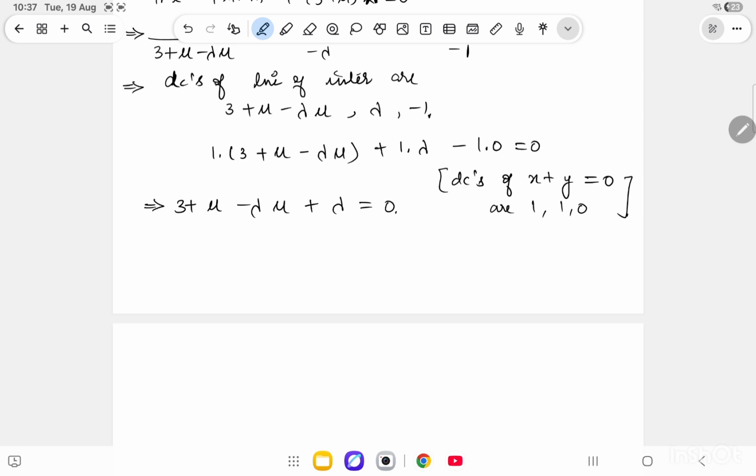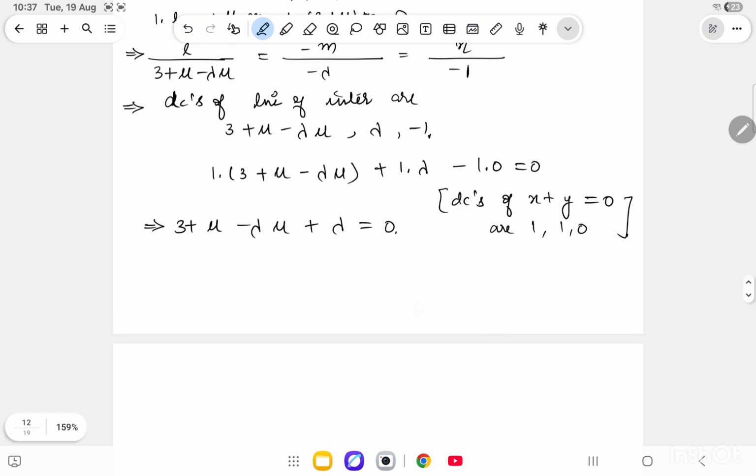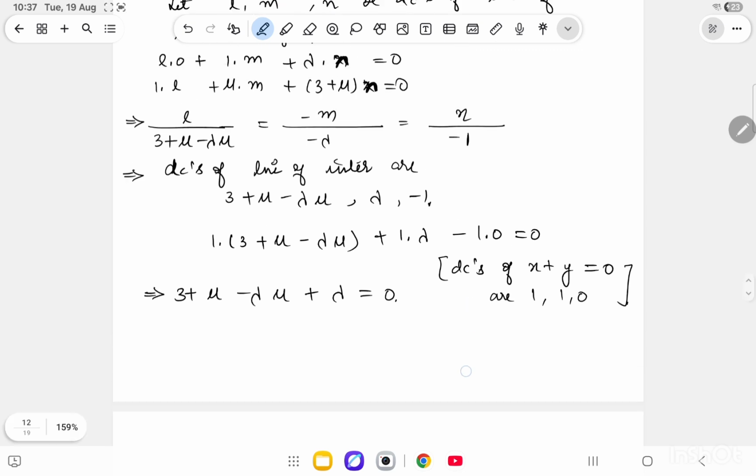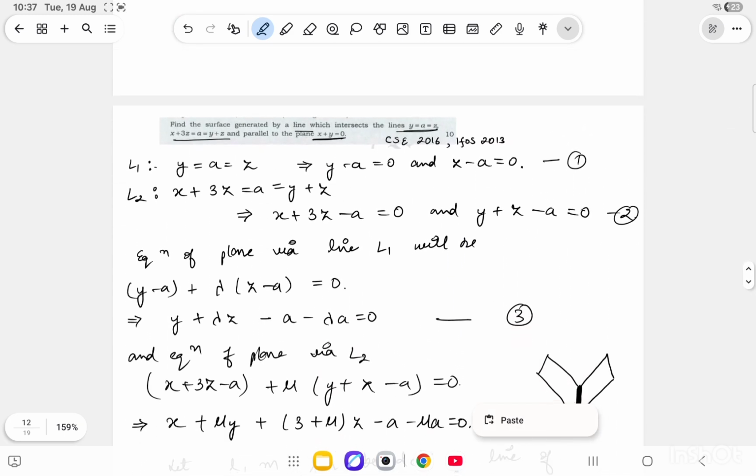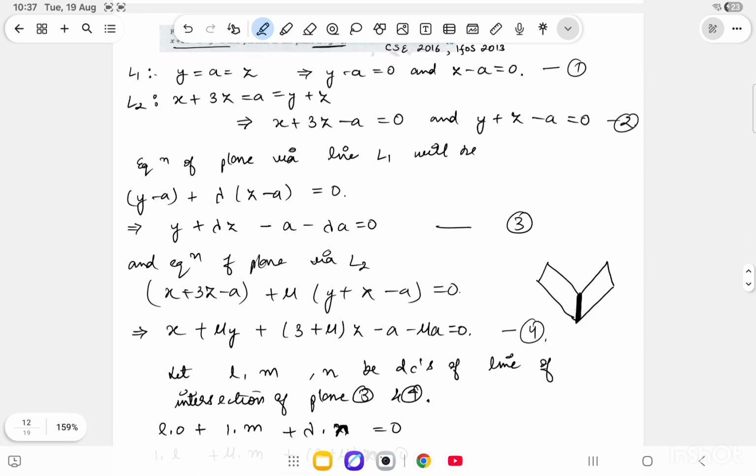Now I got a relation in mu and lambda. If I could eliminate mu and lambda from here, I will get the locus of the required line, basically the surface which is generated by the intersecting line and parallel to the given plane. Using equation number 3, I can find lambda.